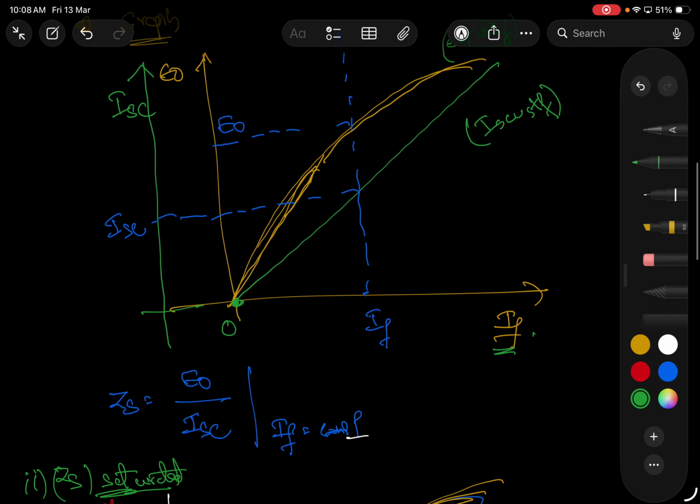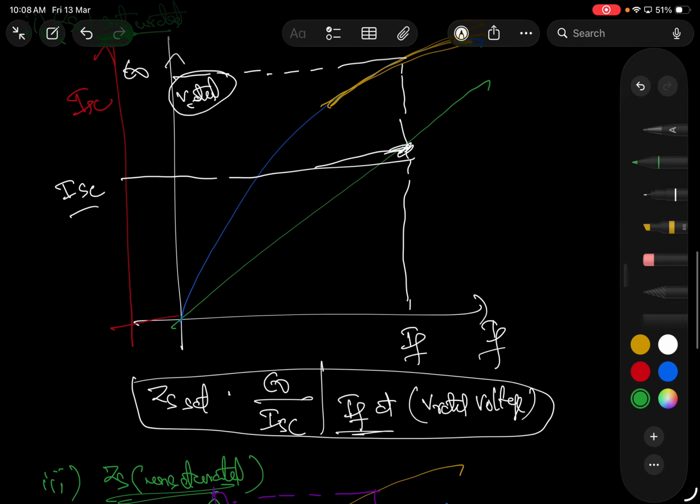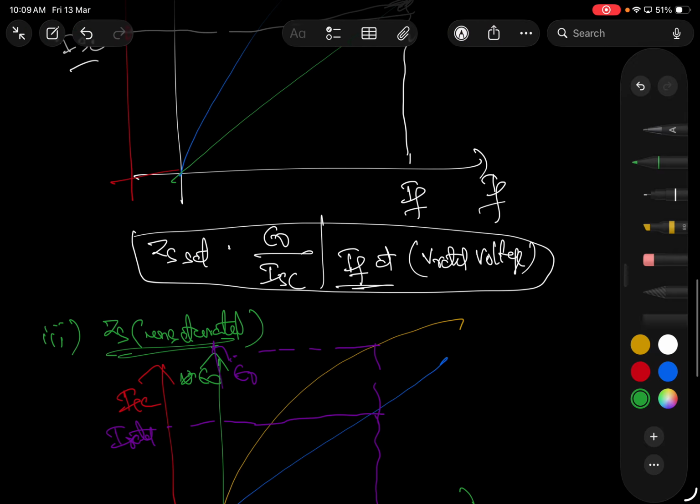Just quickly draw this. So this is how we have to calculate ZS.